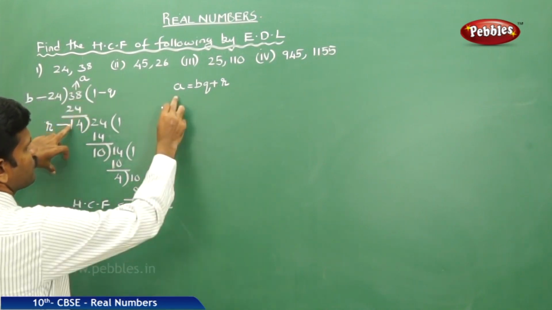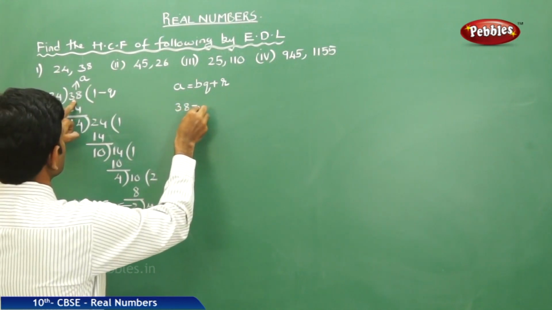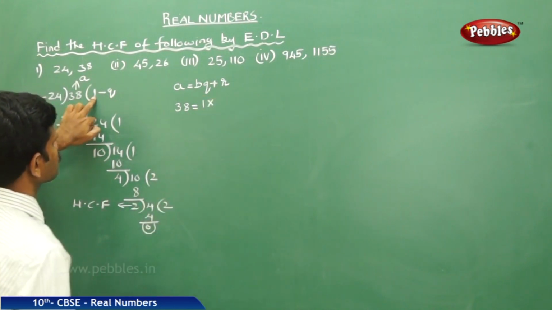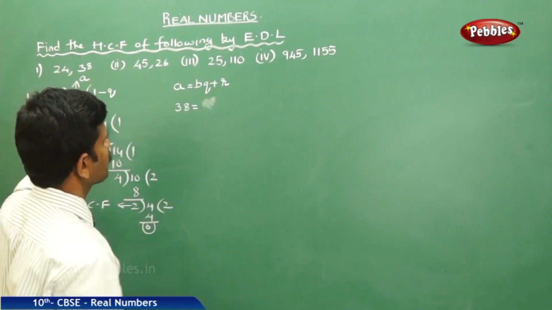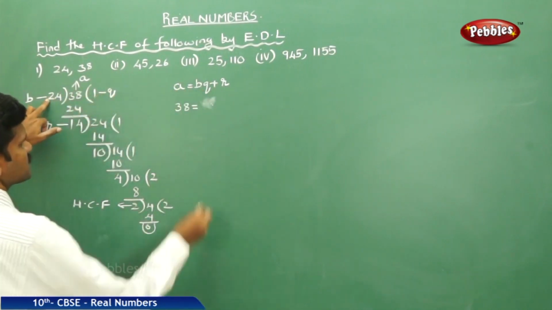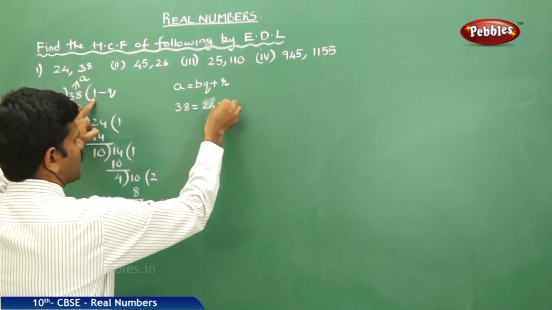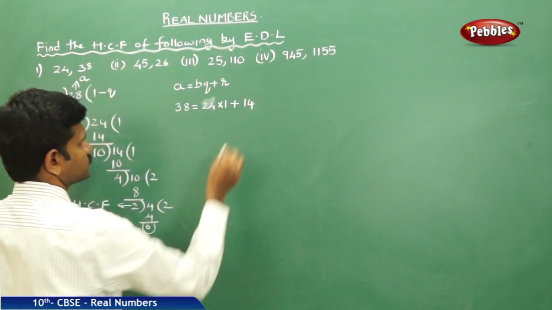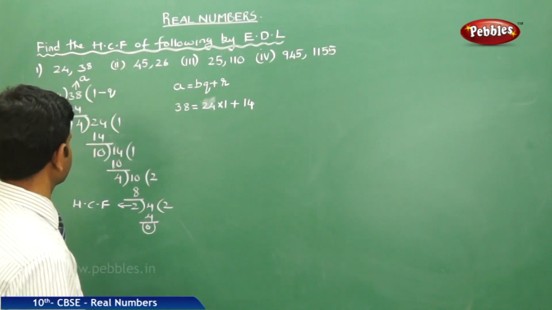First, a is 38, which is equal to divisor 24 times quotient 1 plus the remainder 14. That is the first step.